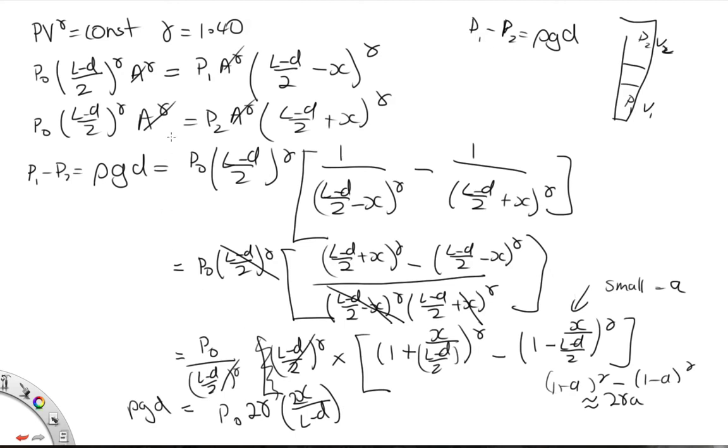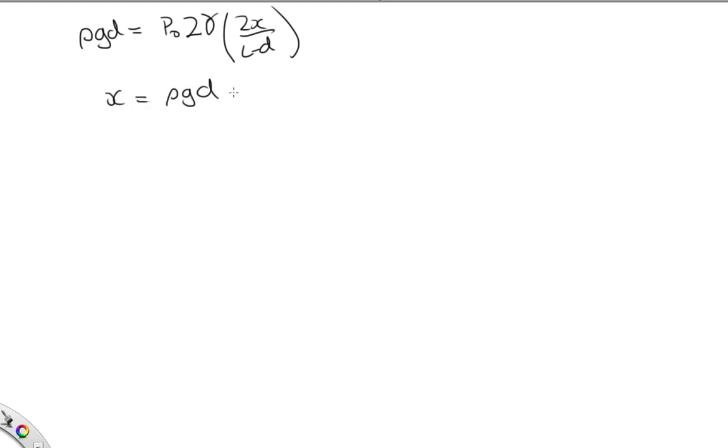We just need a little bit more room, so let's start a new page. Okay, so the last line we had rho g d is equal to P naught times 2 gamma times 2x over L minus D. Now what we're trying to find is x, so let's rearrange this. We've got x is equal to rho g d, now this L minus D comes up the top and we'll have divided by this 4 gamma P naught.